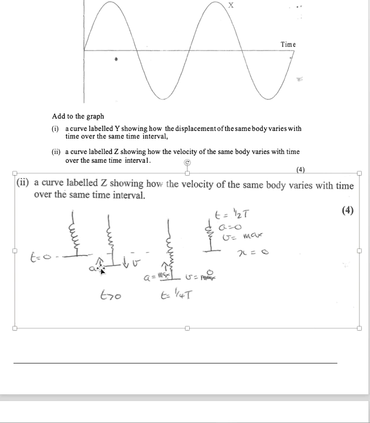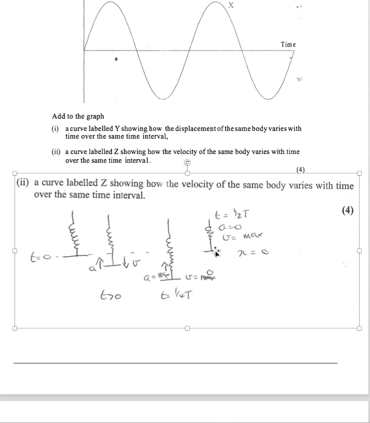So the acceleration is up and the velocity is down. So here we have a positive acceleration, like we have here, but the velocity is negative. Quarter of a period, it's at the bottom. It has stopped, but the acceleration is a maximum here because it's at a maximum displacement, of course. So the velocity is 0, maximum positive acceleration.